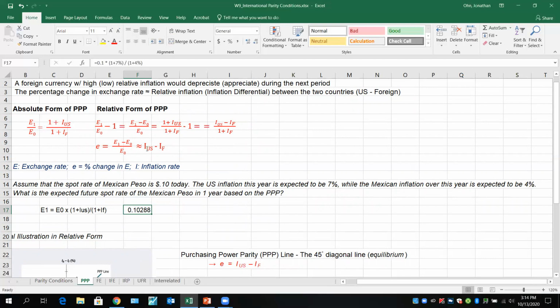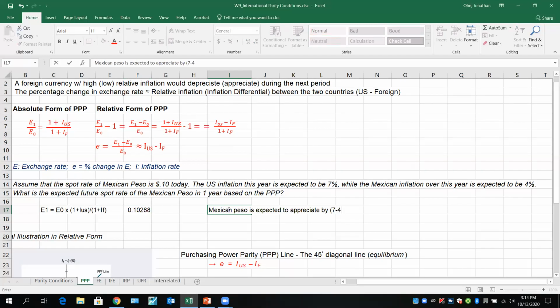Now, US is 7%, and Mexican inflation is 4%. So 7 minus 4 is 3%, right? So you could say the Mexican peso is expected to appreciate by 7 minus 4%, 3%.